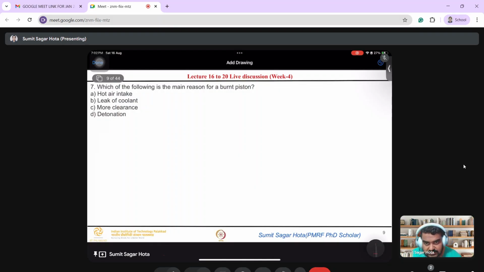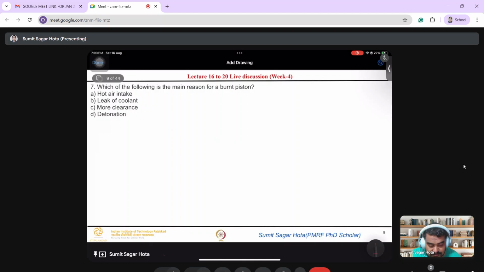Which of the following is the main reason for a burnt piston? The only reason will be detonation.